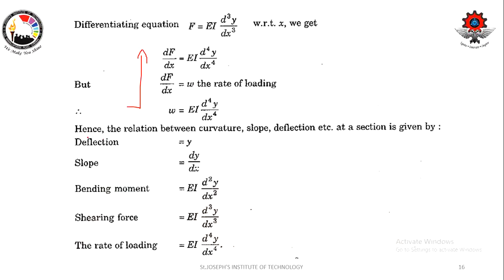Again it is reduced to d square y by dx square, and then dy by dx, and then y, right? So that is what you are given here. Y is deflection, slope is dy by dx, bending moment is EI d square y by dx square, shear force is EI d cube y by dx cube, and the rate of loading is EI d power 4 y by dx power 4.